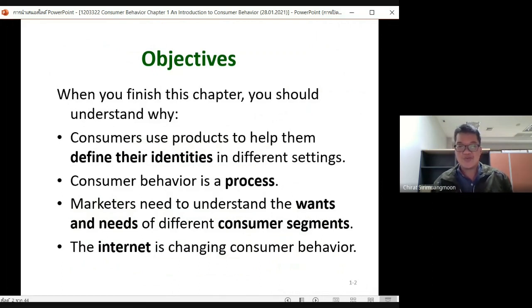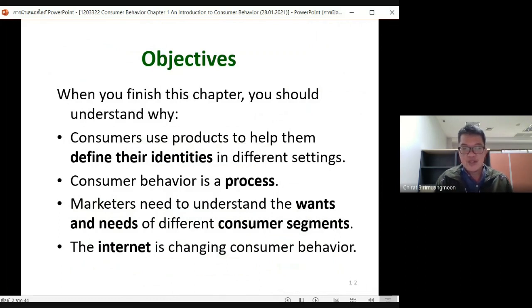So you would like to present your identity to other people by using items. Then, consumer behavior is a process, like what I just talked about. It is a continuous process. It needs to be linked and it has three stages. We're going to talk about the details later.